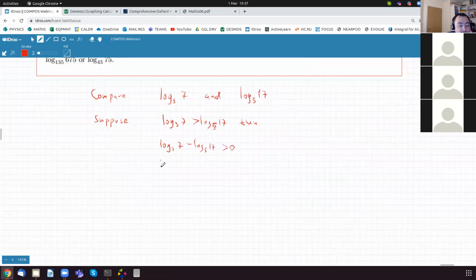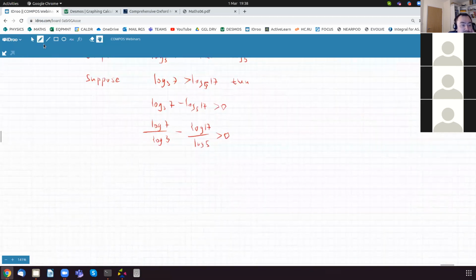Okay, so log 7 divided by log 3 minus log 17 divided by log 5 is greater than 0. Then you multiply them.